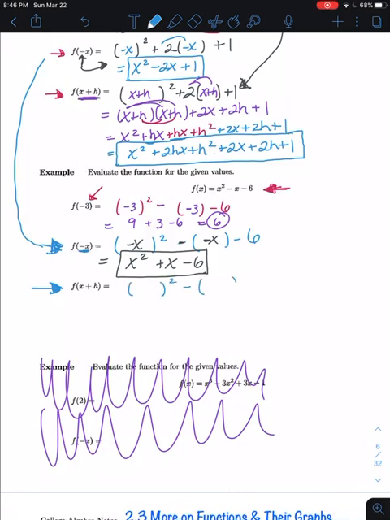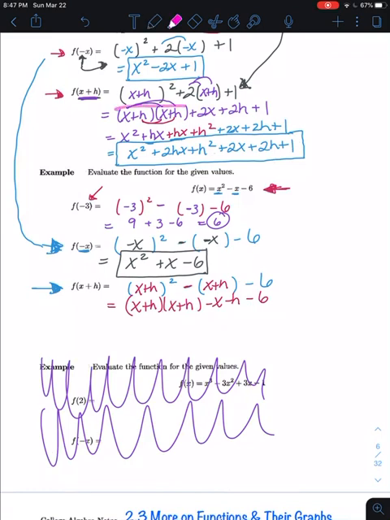So parentheses squared minus parentheses minus 6. Those parentheses represent the x that was in the original problem. And inside the parentheses, I'm going to put x plus h. Remember, x plus h squared is x plus h times x plus h. And I have this minus sign in front of this parentheses, so this becomes minus x minus h minus 6.